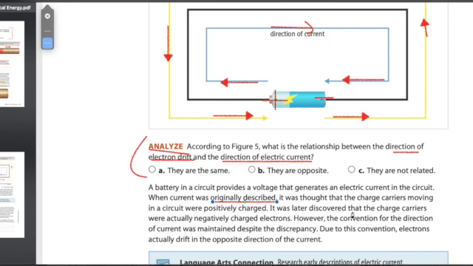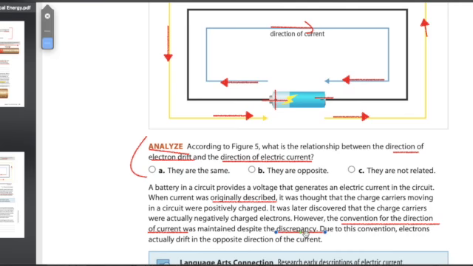It was later discovered that the charge carriers were actually negatively charged electrons. However, the convention for the direction of current was maintained despite the discrepancy.